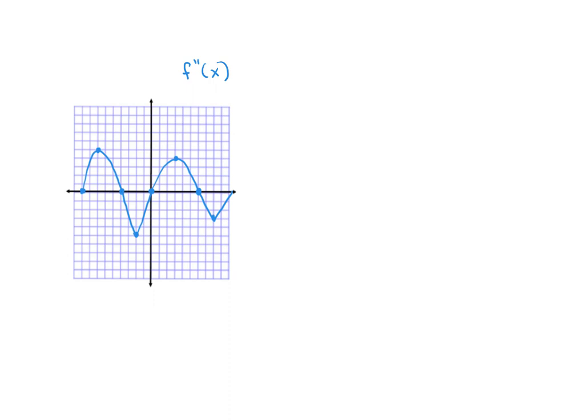So a point of inflection occurs when the second derivative changes signs. Here it's positive. Here it's negative. Bam, that's a point of inflection. Here it's going back to positive, point of inflection. Here it's going back to negative, point of inflection.